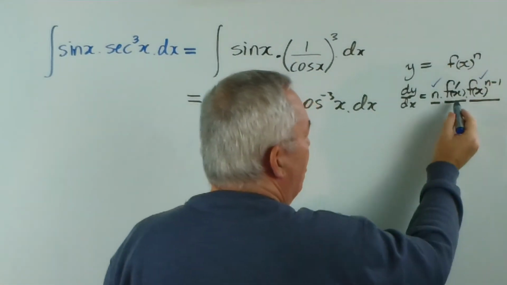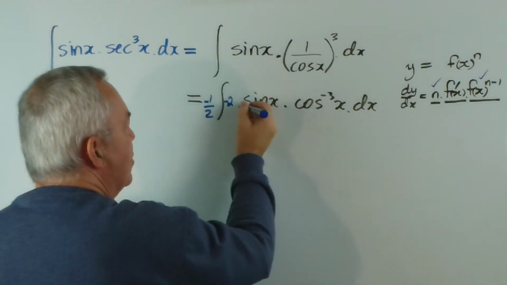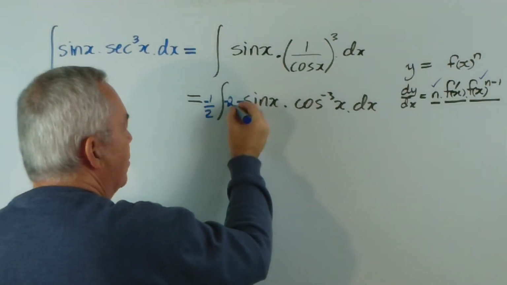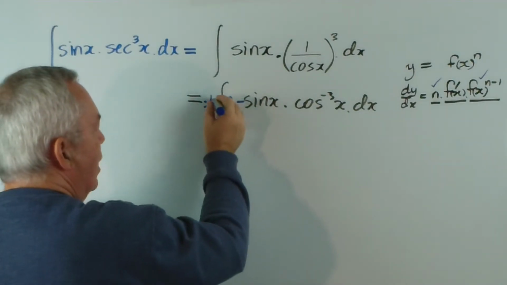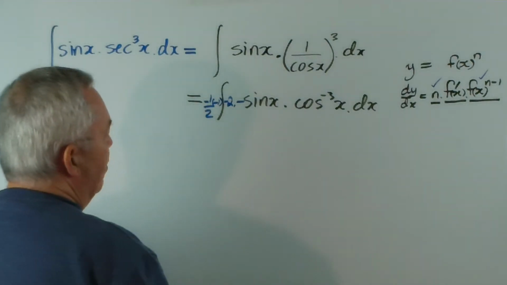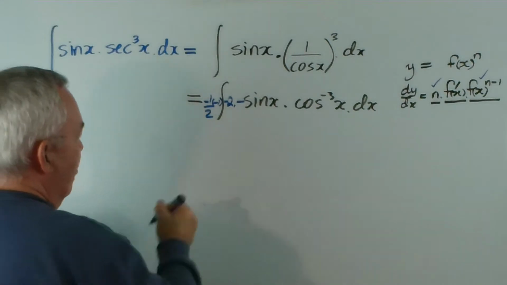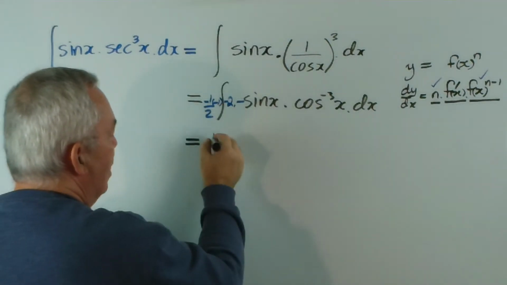So that takes care of that. What's the derivative of the function? What's the derivative of cosine of x? It's negative sine x. And to compensate for putting a negative there, I'm going to multiply by a negative 1 out the front as well. What does that give me? Well, out the front, negative a half times negative 1 will be plus a half.